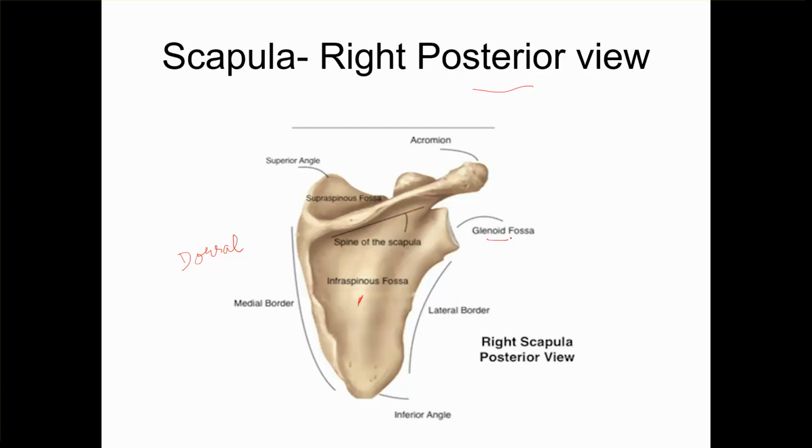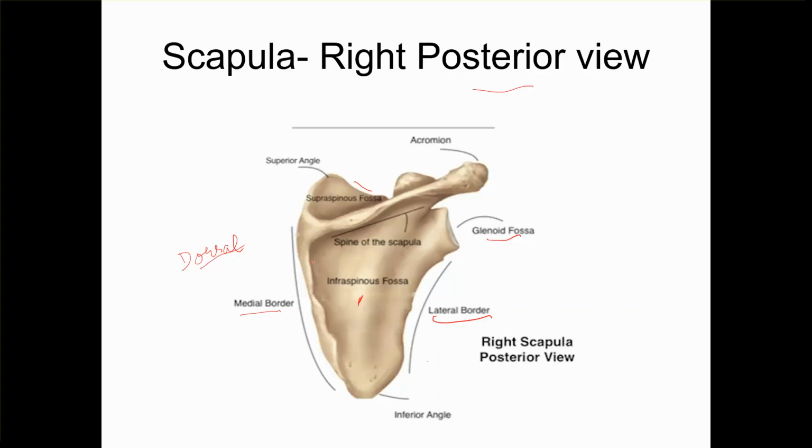And three borders: this is the medial border, the lateral border, and the superior border. And we said there are two surfaces. The anterior one is called the costal surface, the posterior one is called the dorsal surface.